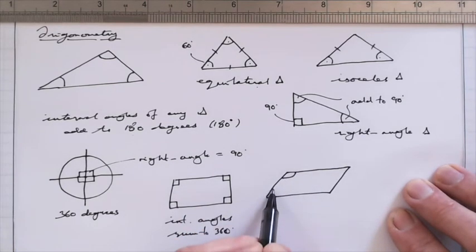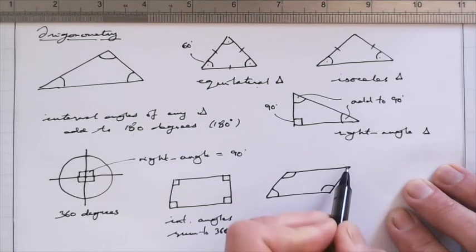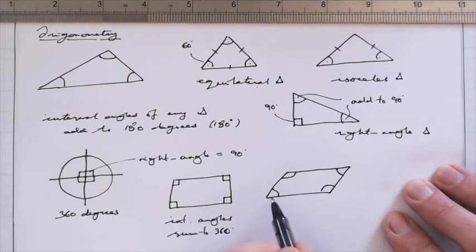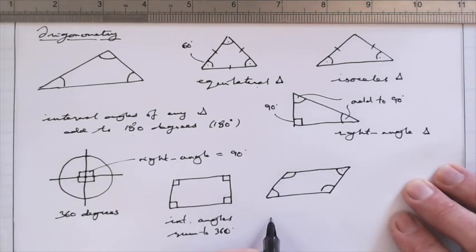Then my 4 right angles have disappeared, but we can argue quite easily that I still have angles inside here that sum to 360 degrees. This shape is called a parallelogram, and the internal angles still add to 360 degrees.